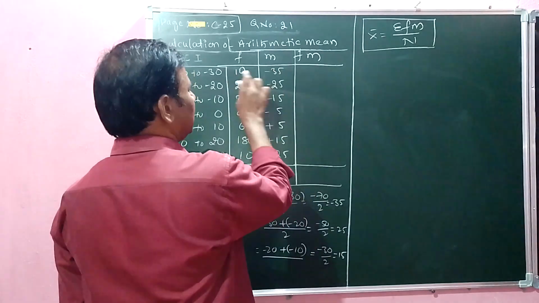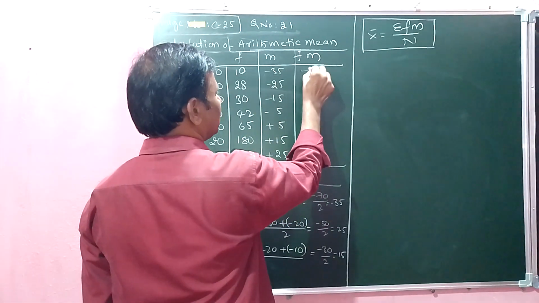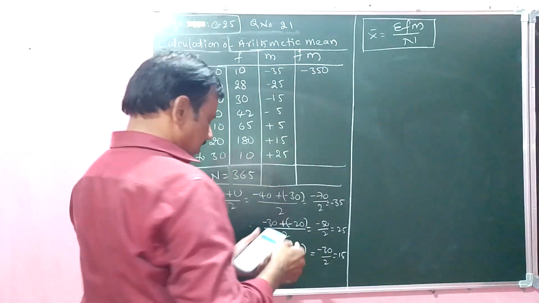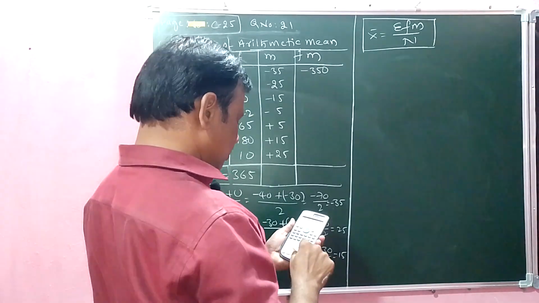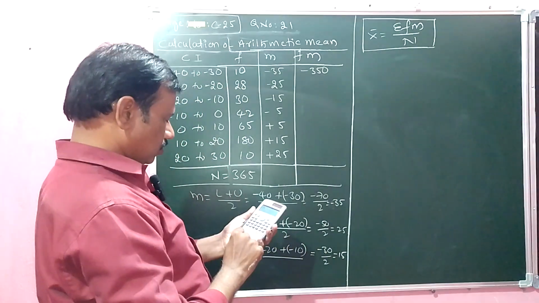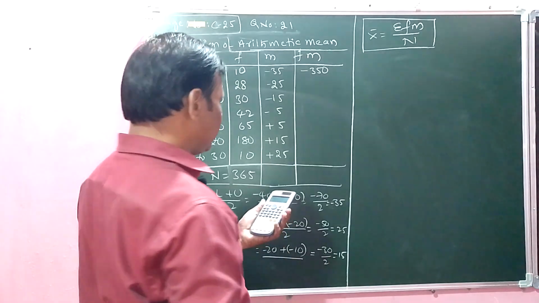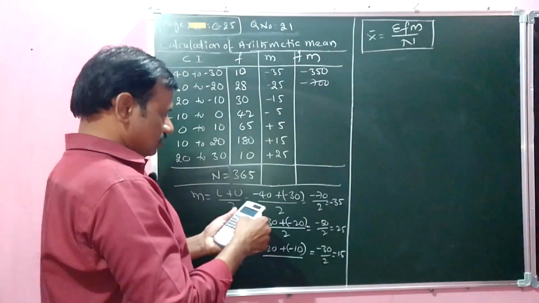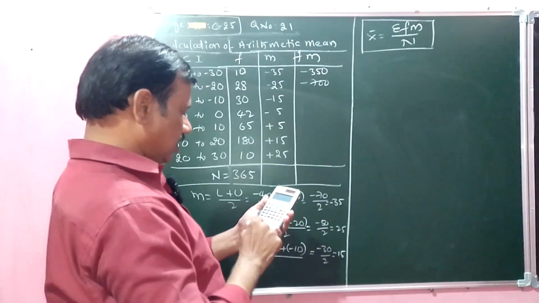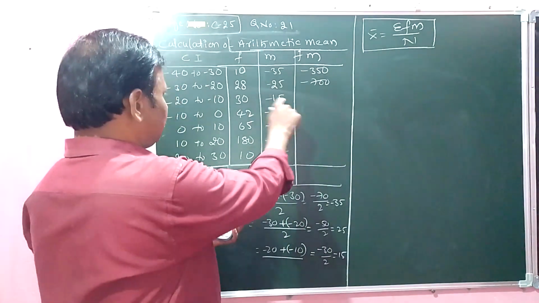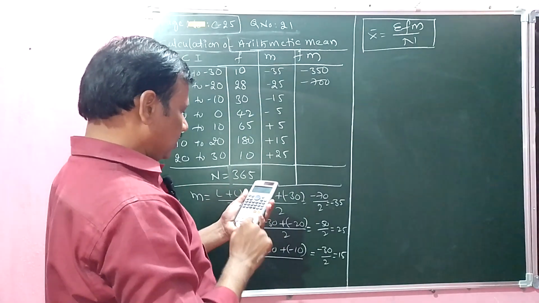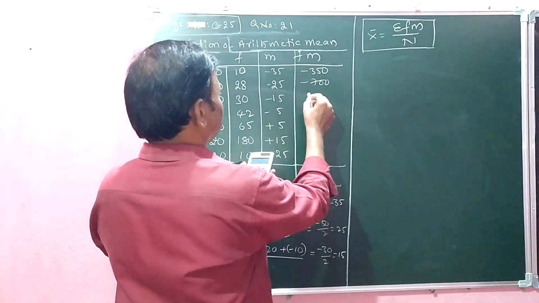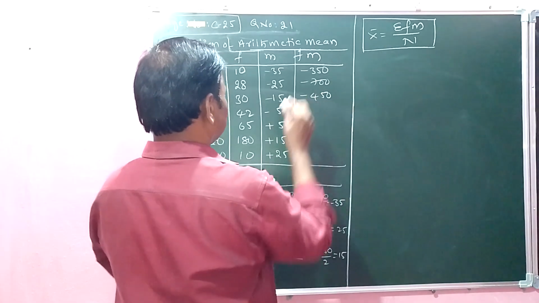f into m. 10 into minus 35, it is minus 350. Next one, 28 into minus 25, so that is minus 700. Next minus 15 into 30, so that is minus 450.